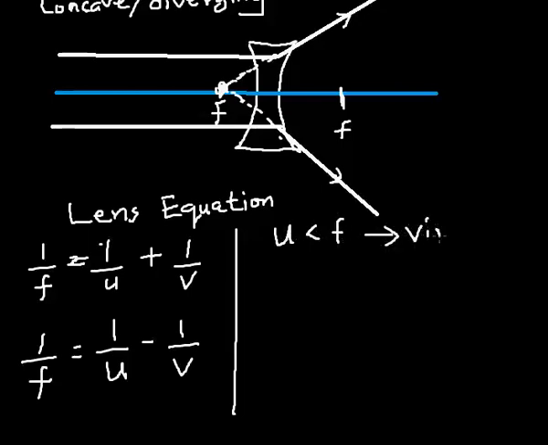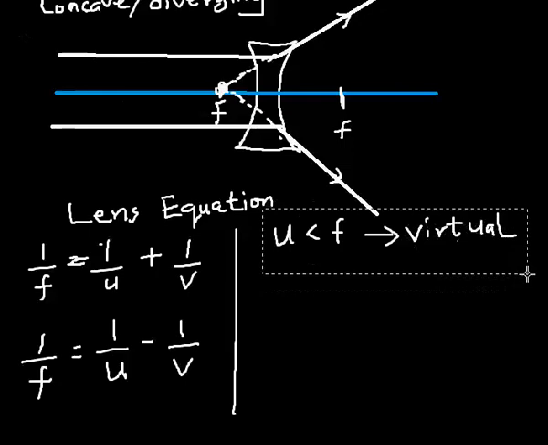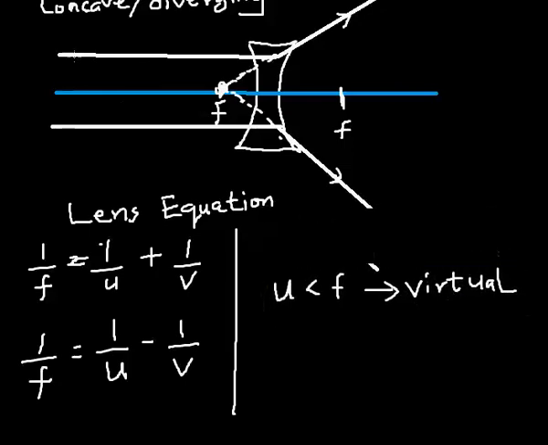The same characteristics we studied when we studied the concave mirror are what we have for the convex lens. So when the object is less than the principal focus, the image is virtual.